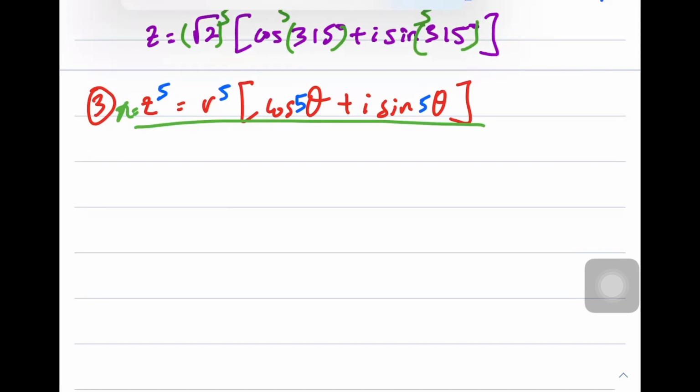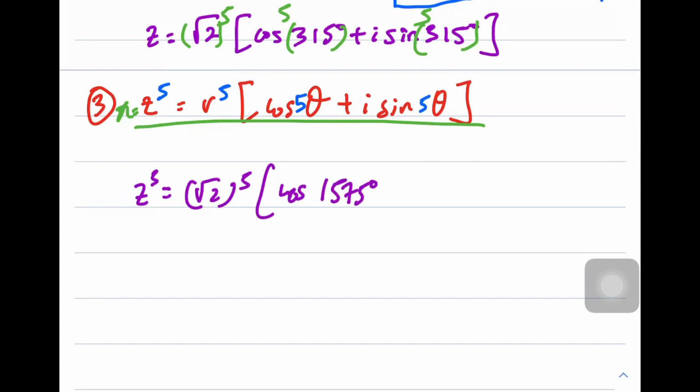So now our answer becomes square root of 2 to the power of 5, cos 1575 degrees plus i sin 1575 degrees. This is what happens after we calculate it.